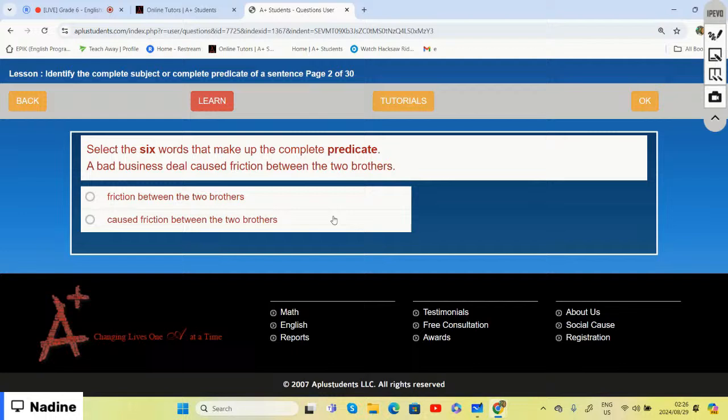Is it option one, friction between the two brothers, or option two, cause friction between the two brothers?